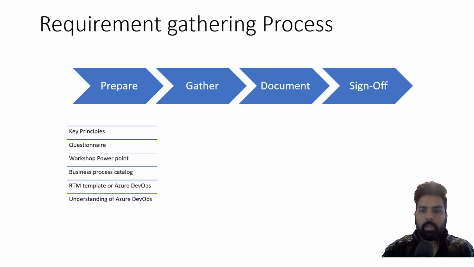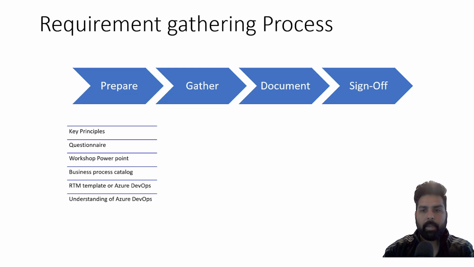You need to have the workshop PowerPoint prepared for yourself when you go into the workshop. You need to have the business process catalog, which we have spoken about, which is available on the Microsoft Learn portal and GitHub, where you can download the standard business process catalog. You need to have the RTM template or Azure DevOps configured for yourself.